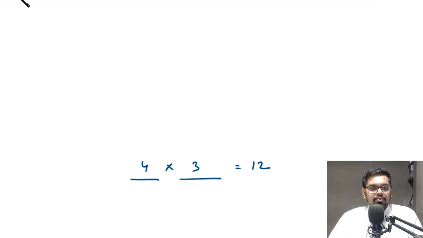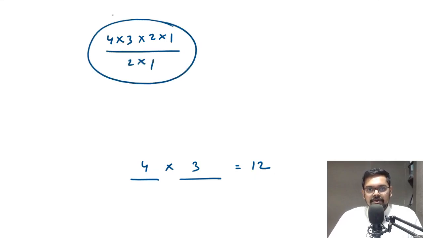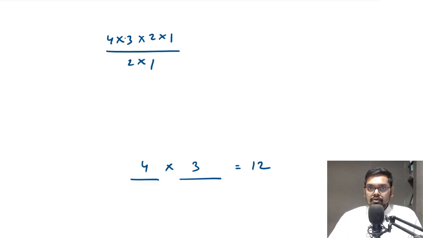4 into 3, you told 12. What I'm doing is 4 into 3. I want to make sure that I write this in factorial format. So if you want to write this in factorial format, just multiply with 2 into 1 and also divide by 2 into 1 to make sure the overall expression is still 4 into 3, right? But now since it is going to be converted into the factorial format, the numerator would be what? 4 factorial.